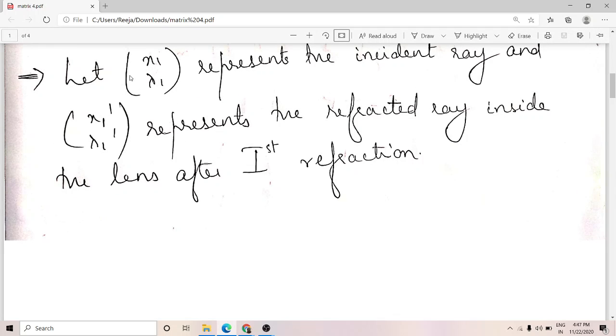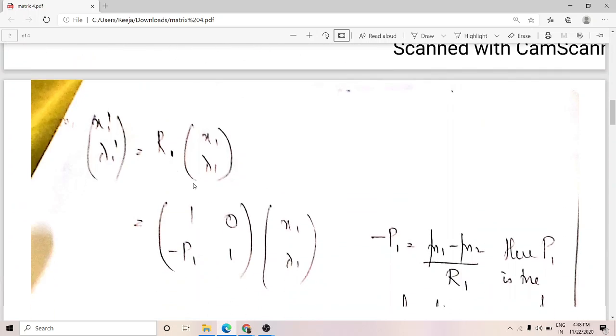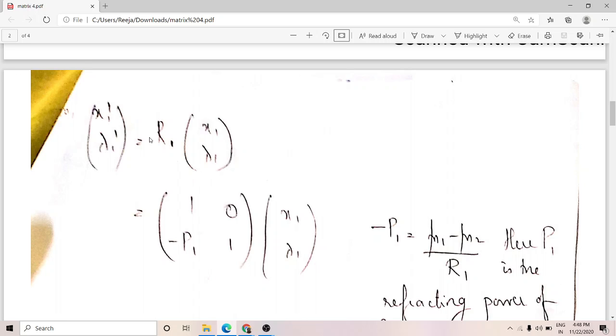We have already learned the expression for the refraction matrix. So we can write x1 dash lambda 1 dash is equal to R1 into x1 lambda 1. What is R1? It is the matrix 1, 0, minus P1, 1.